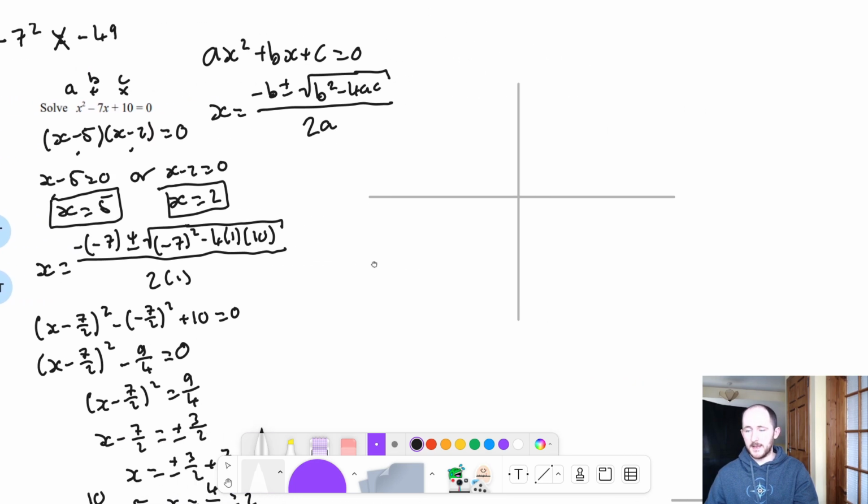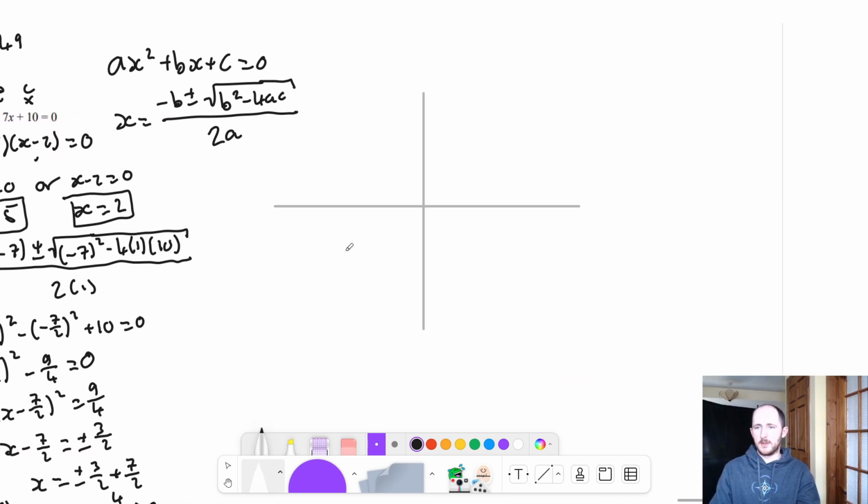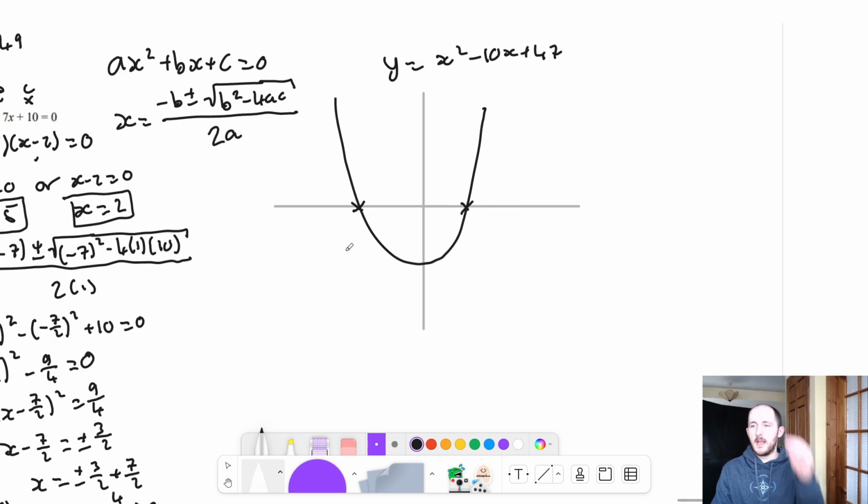The last way is they may give you a drawing. You know what? That is not a bad curve. Anyways, they may give you a drawing and they'll say, okay, let's say this is y is equal to, I don't know. They may say, hence solve x squared minus 10x plus 47 equals 0.